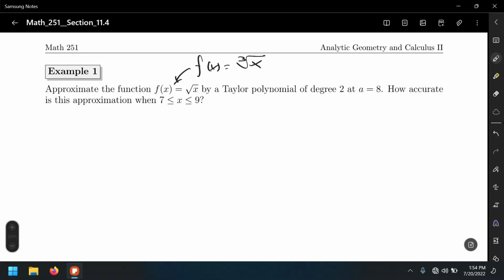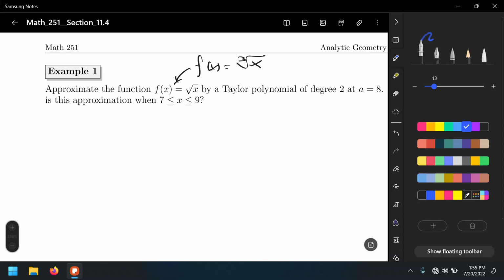In a very similar way to how we analyzed the exponential function with different expansions, linear, quadratic, cubic, and quartic, within the interval -1 to 1, which is 1 unit away from its center, 0 in this case, we are going to find a Taylor polynomial of degree 2, centered at 8. And then we're going to analyze what happens within the interval 7 to 9, which is 1 unit away from the center, which is 8.